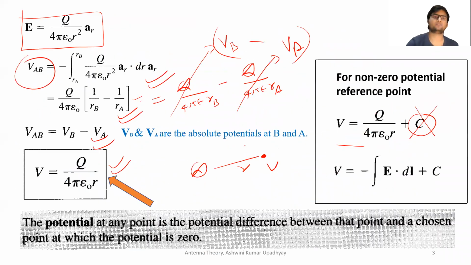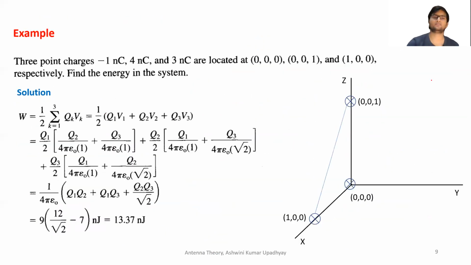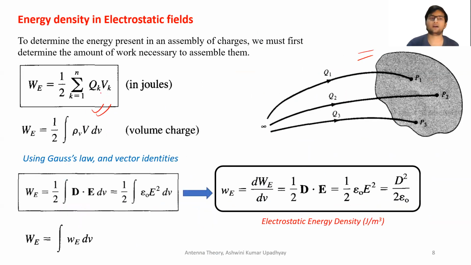So in the first slide, we saw that the voltage is basically given as the ratio of this potential energy by the charge q, right? So you can say that W will be given as voltage multiplied by q. So if you are having a system of multiple charges, you will have the multiplication of voltage and charge q. And since there are multiple charges, you will have to take the summation.